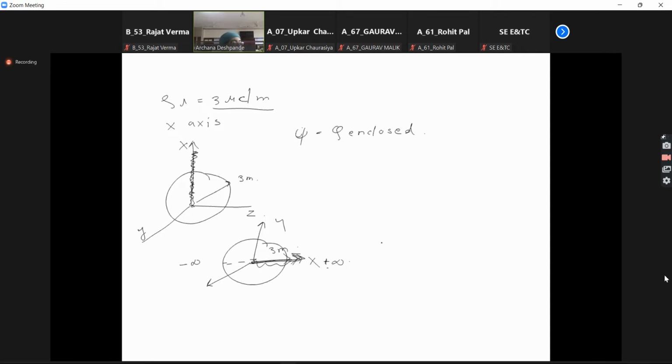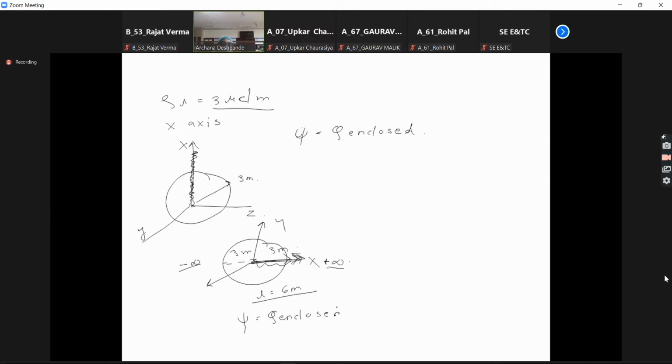So how much length is going to be enclosed by this sphere? It is going to be 3 meters plus 3 meters, that is 6 meters. So total length enclosed by the sphere is 6 meters, as your x-axis is extending from minus infinity to plus infinity. Okay, so if you want to calculate flux, basically you want to calculate charge enclosed.